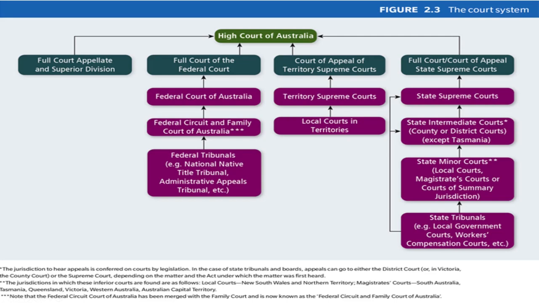These red boxes show the state Supreme Court, state intermediate court, and state magistrate court. These are the three court systems I will cover in my lecture today, and I can guarantee you, whatever I do not cover in my lecture, you will have no question from that topic. Does that make sense? This table will help you see where the state courts are sitting, and we will explain each of those state level court systems in a moment.